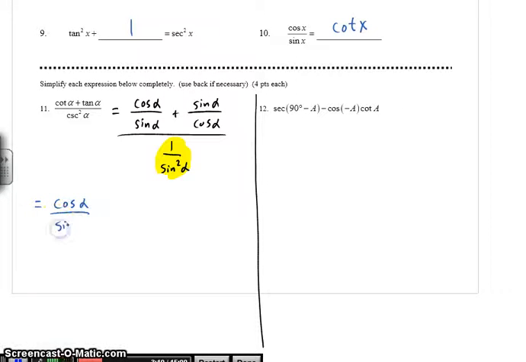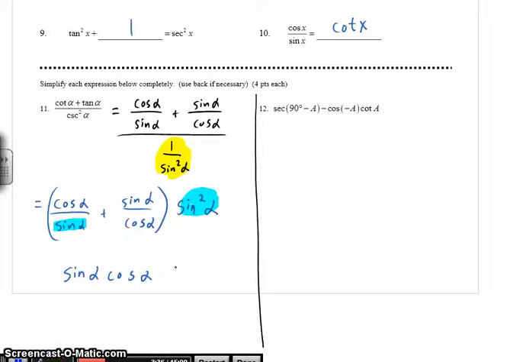So cosine over sine plus sine over cosine, multiply that whole thing by sine squared theta. Now I'm going to distribute the sine squareds in. When I distribute this into this, I see that one of the sines cancels. So I'm left with sine theta cosine theta, and then plus sine cubed theta over cosine of theta.